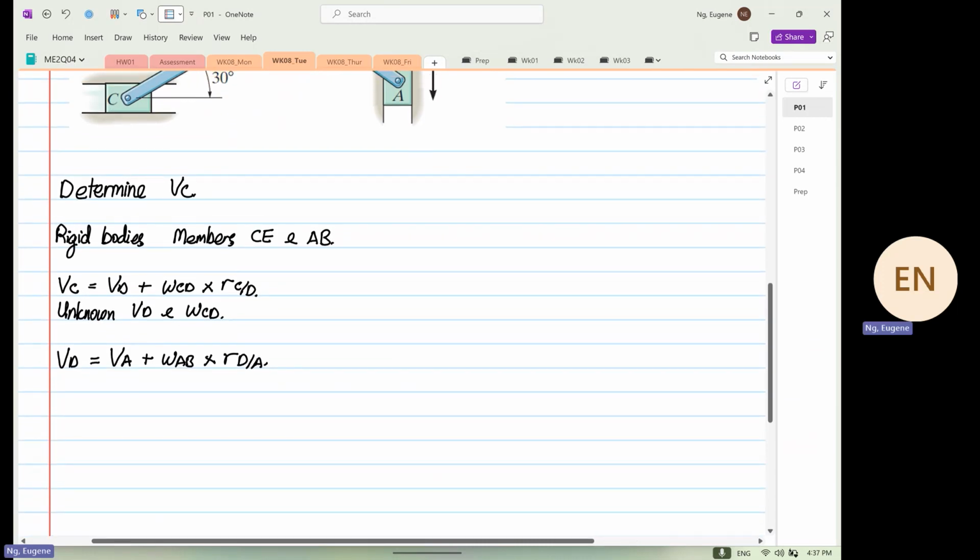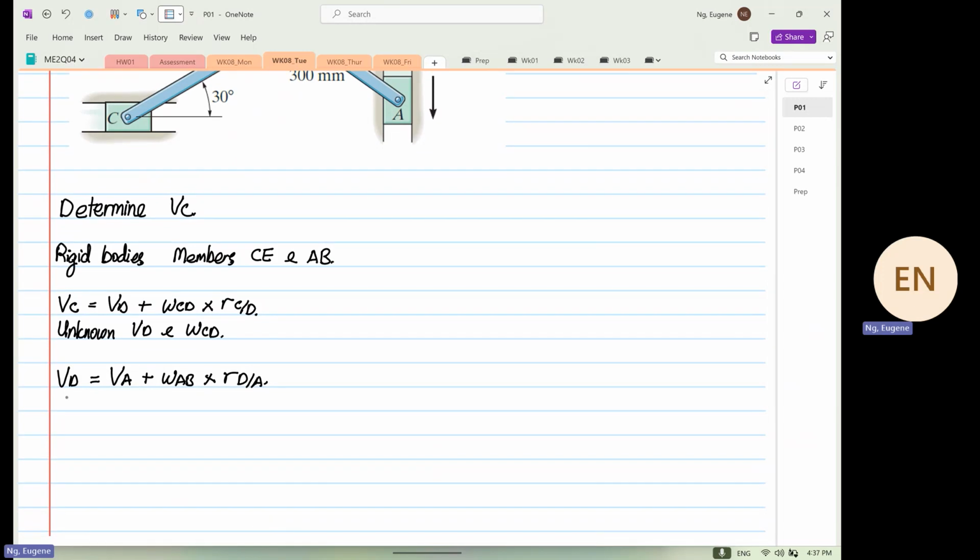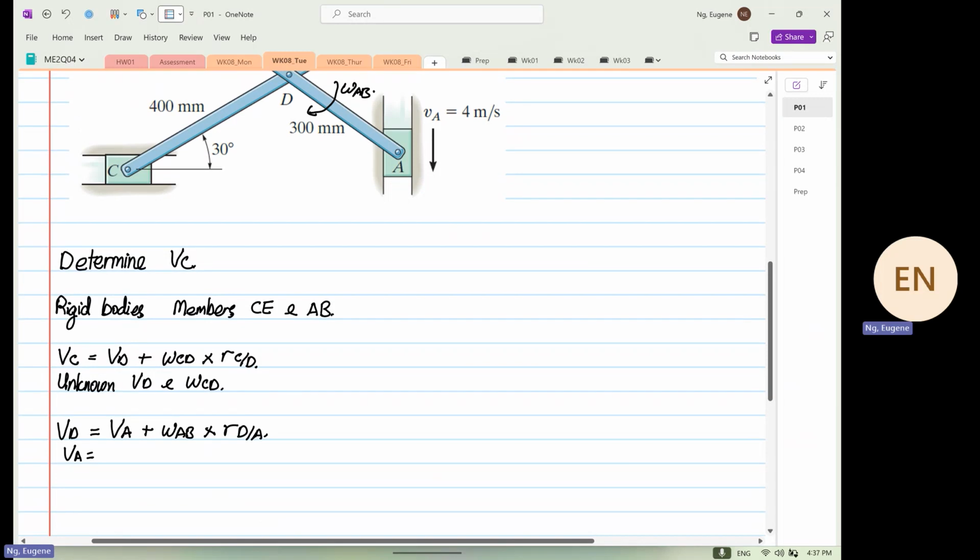We know VA is known, so VA is equal to minus 4J.